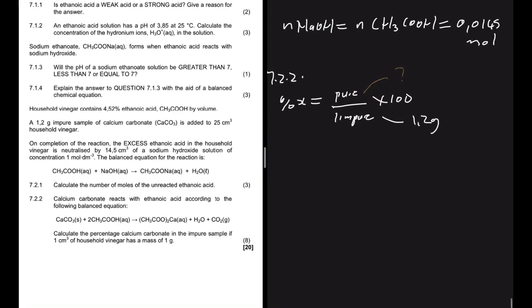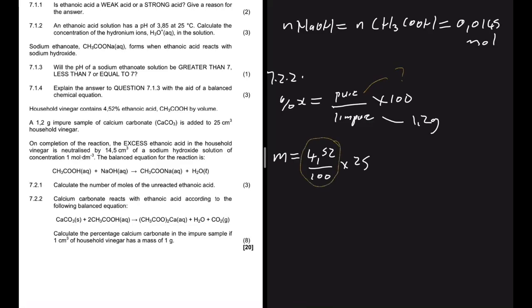So for the number of moles of ethanoic acid that reacted, we still need the initial mass, and to determine that we're gonna say that the mass is equal to 4.52 divided by 100 multiplied by 25. Why am I saying that this will give us the mass? Because usually the mass is the number of moles by the molar mass. So look at this. This is the percentage of ethanoic acid in household vinegar, right?